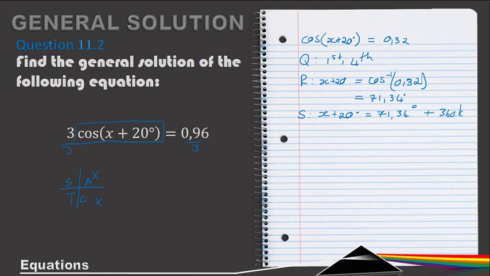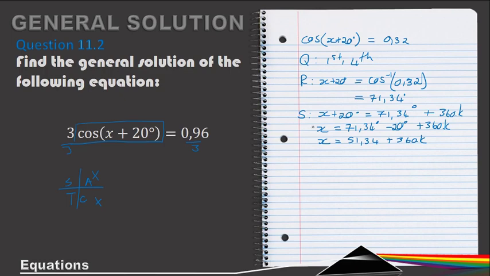Then solving for x, we just simply take the 20 over to the other side, so x is equal to 71,34 degrees minus 20 degrees plus 360k, and that 20 only applies to this angle. Those are like terms, so x is equal to 51,34 plus 360k.